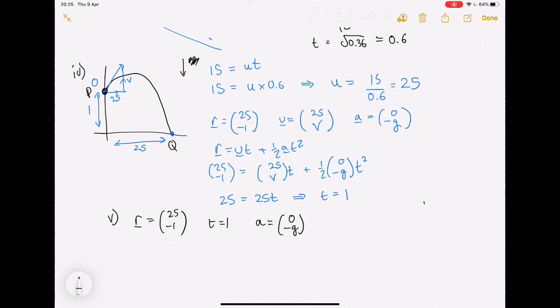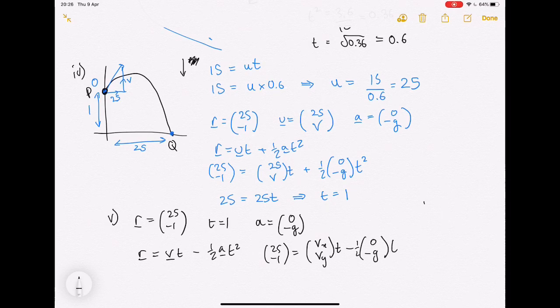So we can actually use the Suvat equation, r equals vt minus a half at squared. So putting those vectors in, we get 25 minus 1 equals, let's split this into components, vx and vy, lots of t, minus a half of 0 minus g t squared.